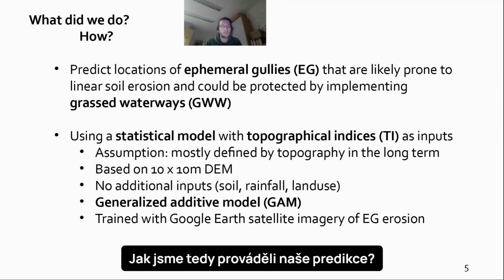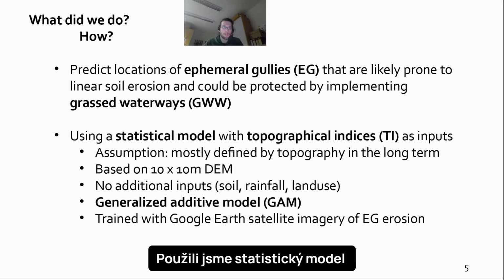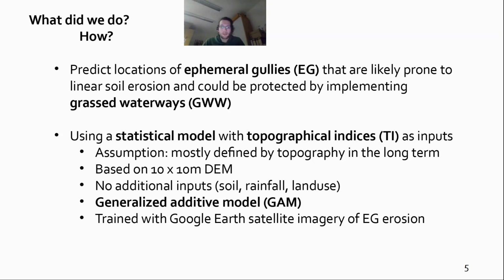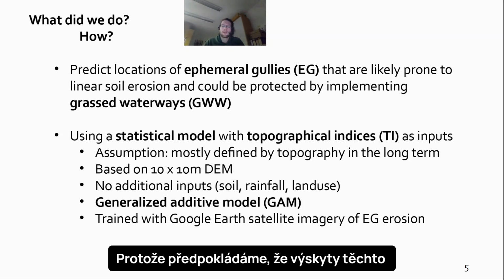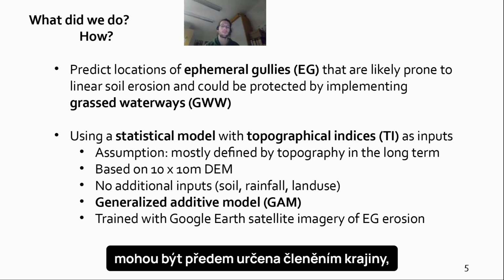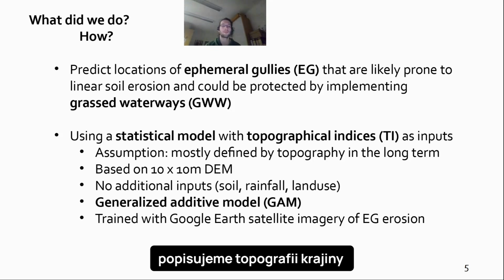So how did we do our predictions? We used a statistical model and we used topographical indices as predictors, because we assume that the locations of these ephemeral gullies are mostly predetermined by landscape topography, and we describe the landscape topography by using topographical indices.